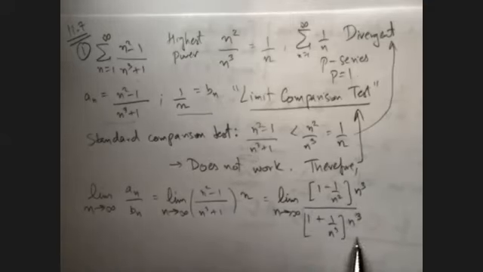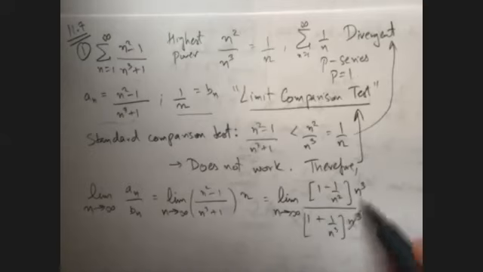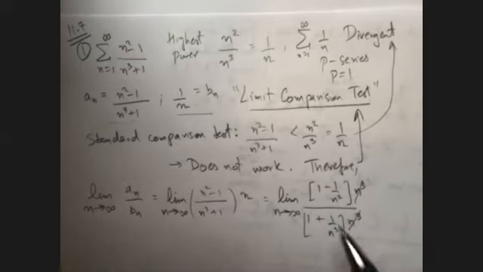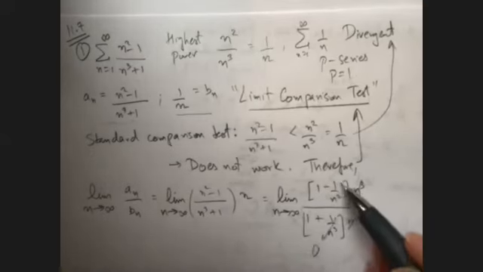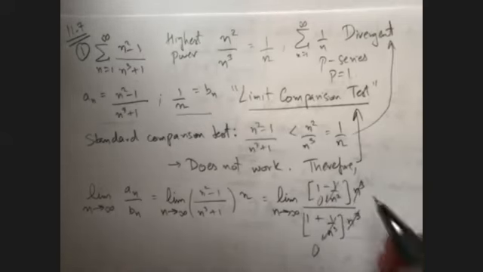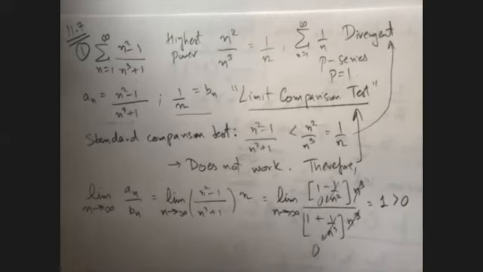Factor out n cube, cancel it, and as n goes to infinity, these go to 0, which is 1, greater than 0. So by limit comparison test, it converges. Or not converges, but diverges.